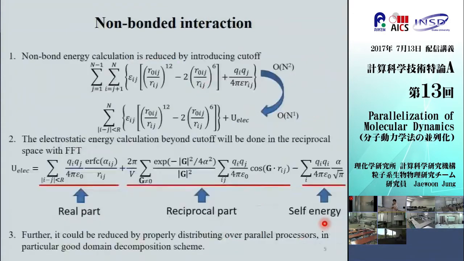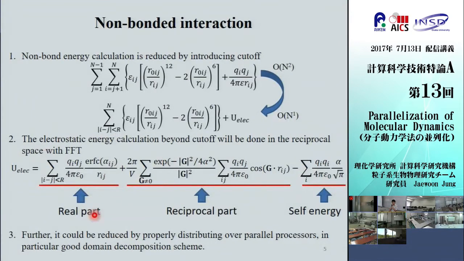So let's go into more detail on the non-bonding interactions. These are the non-bonding interactions. The first two terms consist of van der Waals interaction, and the last term is electrostatic. First, van der Waals interaction. You can introduce a threshold for the pairwise interaction. Then the computational cost is easily reduced to order of N. And for electrostatic interaction, we should calculate very long-range interaction. So we decompose the electrostatic interaction into three terms.